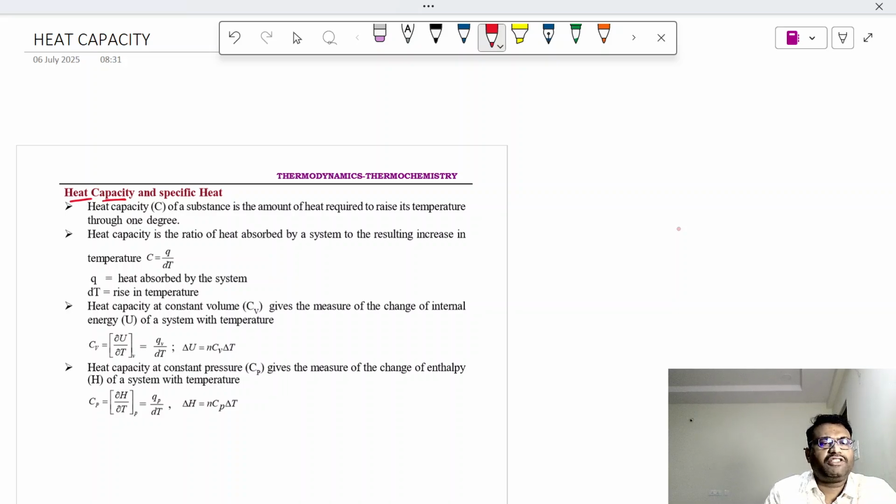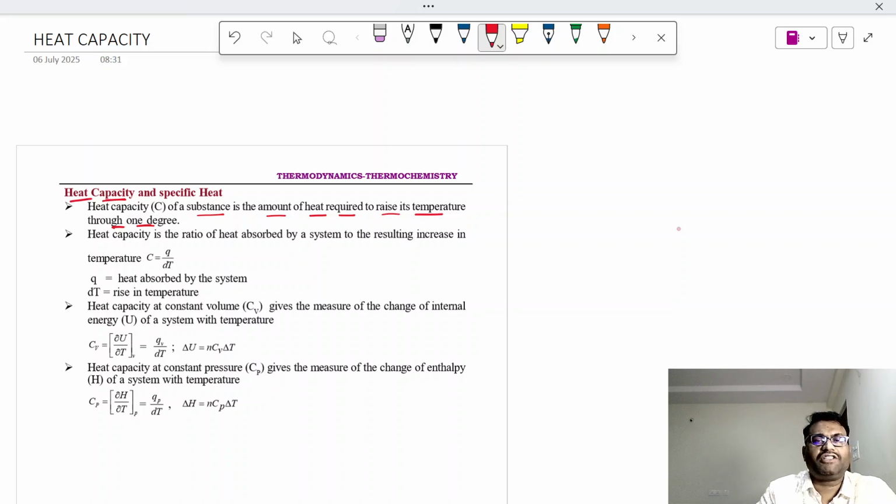Heat capacity of a substance is the amount of heat required to raise the temperature of a substance or a system through 1 degree. 1 degree means 1 Kelvin or 1 degree centigrade. So heat capacity of a substance is the amount of heat required to raise its temperature.